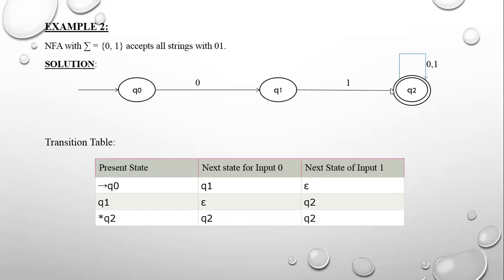Again in Q2, we continue, but the string starts with 0 and 1. A combination of 0, 1 input should be accepted by this non-deterministic finite automata. Q0 with 0 reaches Q1, and then with 1, but the starting should be a 0. So 01 is a substring accepted by this non-deterministic finite automata.